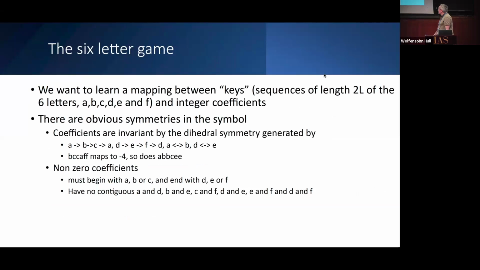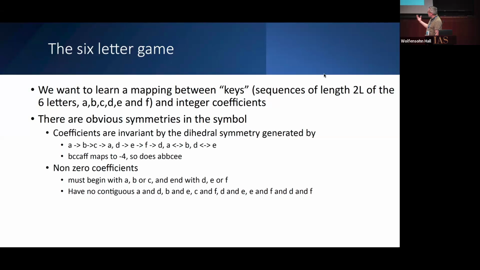Now, there's another way to look at it, and I call it the six-letter game. Basically, we have keys, which are sequences of 2L letters from the 6 letters, and integer coefficients. And there are relations between those keys and the coefficients, obvious symmetries.